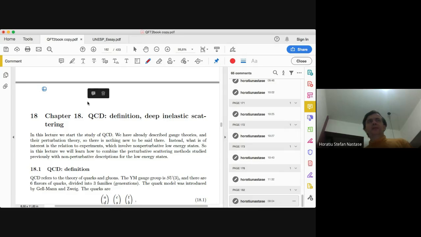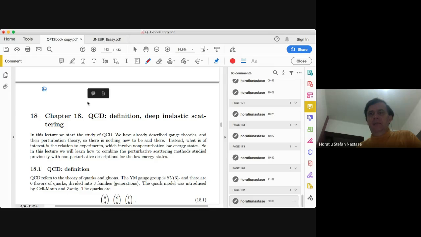QCD, what's important is to understand QCD at high energy. As we saw, any gauge theory with few fermions at high energies is asymptotically free.